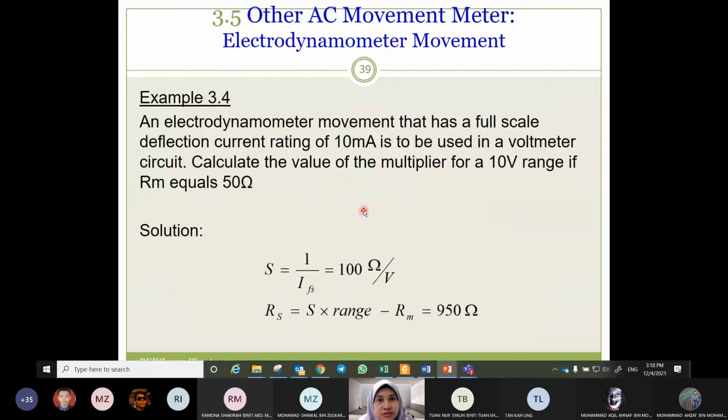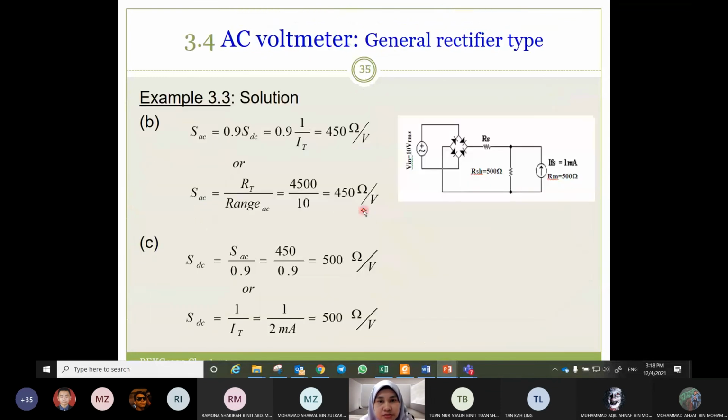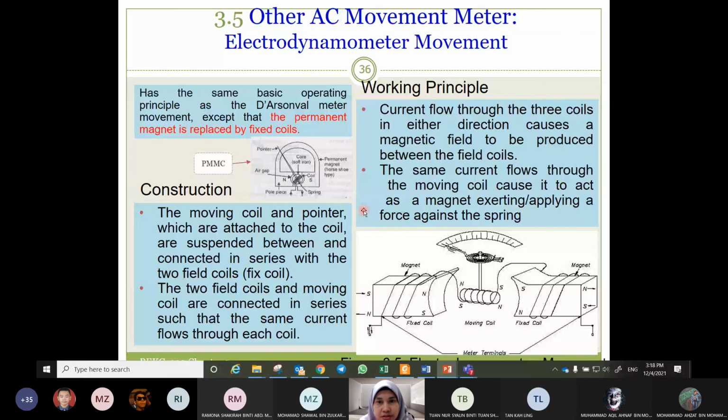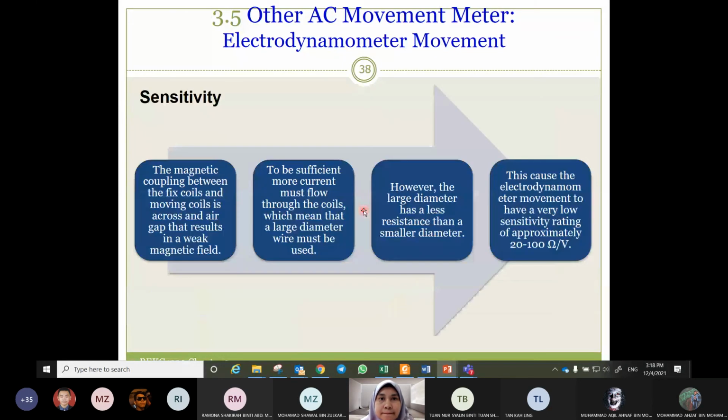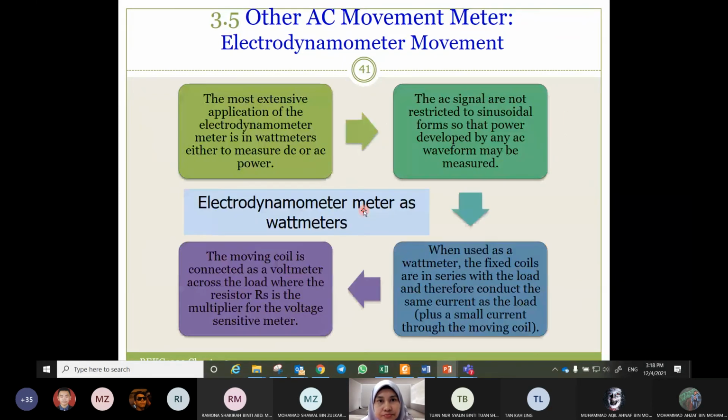Okay, actually the rest you can read by yourself, because starting this subtopic until the end, it is the theory on other AC movement meters, other than PMMC. We have 5, right? So this is for other AC meters, electrodynamometer, and so on.